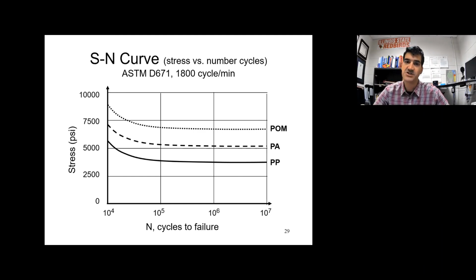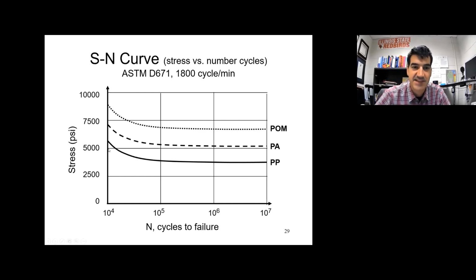This part in my engine is subjected to 5,000 psi of stress every rotation of the crankshaft. Okay, so if I'm making it out of this material, which happens to be polypropylene, so probably not a good idea, but let's just pretend for an instant.